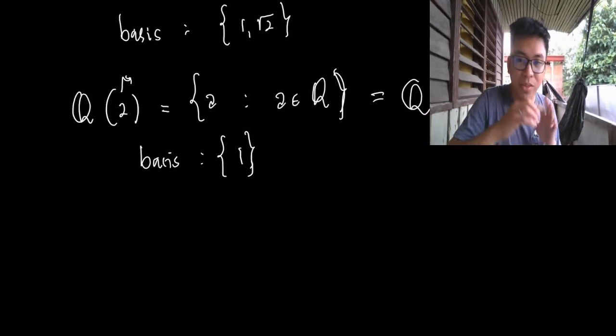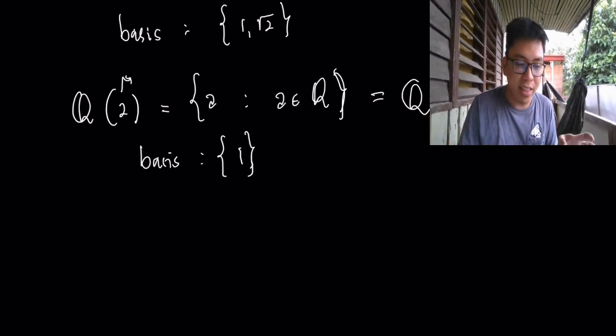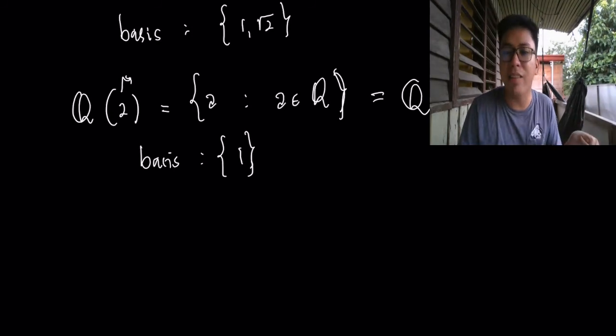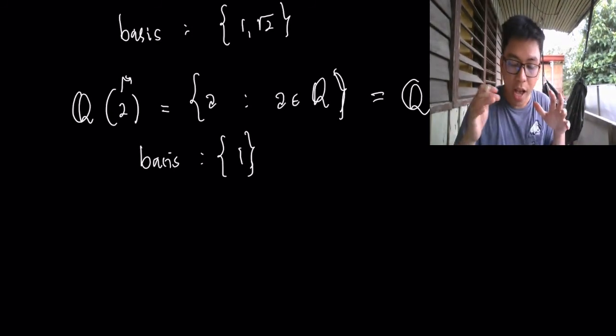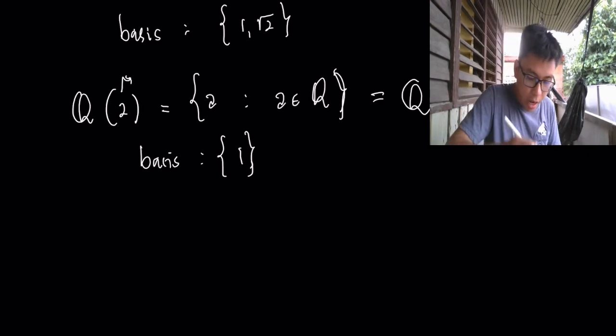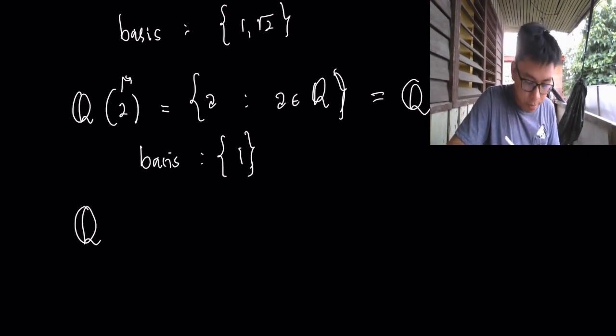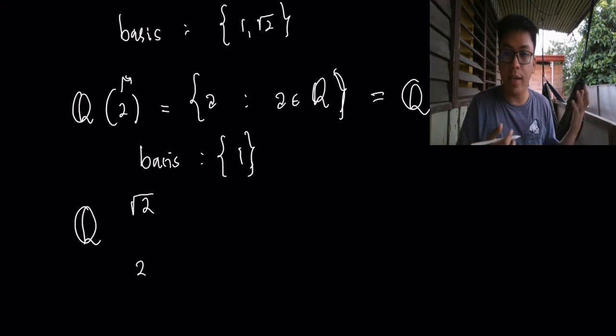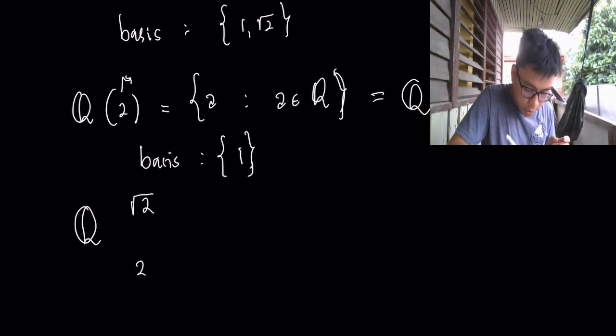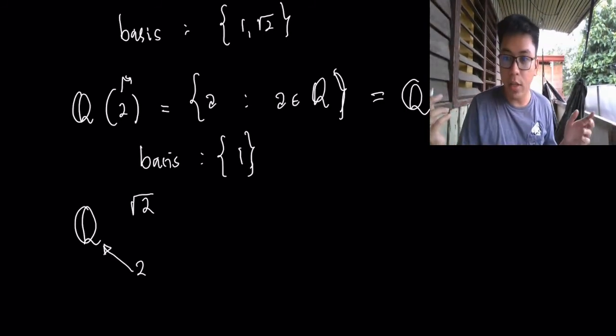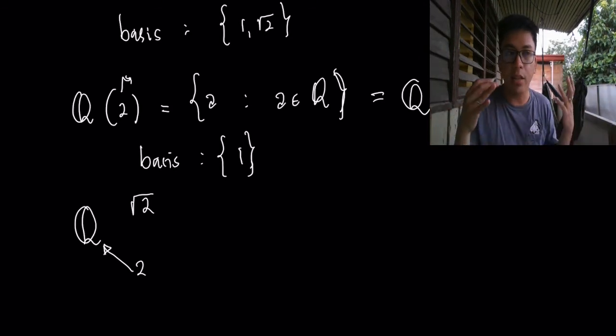It's coming from Q. So how can we extend that set if the element that we need to adjoin is in the same set? I hope you get what I mean. There's a difference. Q here is the rational numbers. Square root of 2 and 2 are different numbers. Square root of 2 is irrational. 2 is a rational number. So if you're going to adjoin 2 to that, nothing will be affected. There's no effect.